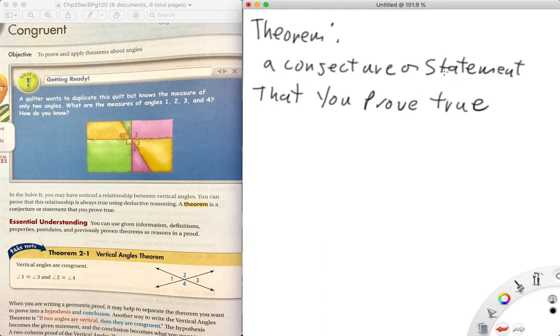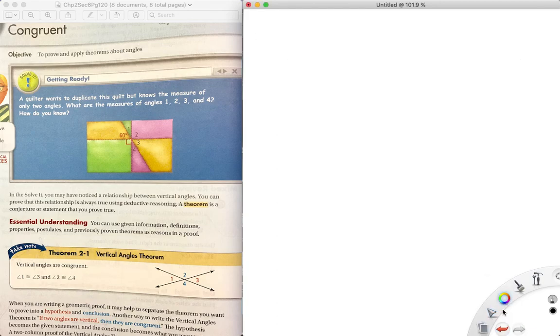Up to this point we had postulates, which were statements you didn't have to prove true. We had properties, we had rules, we didn't have to prove them true. Now we're in theorems, where there are statements that we do prove.